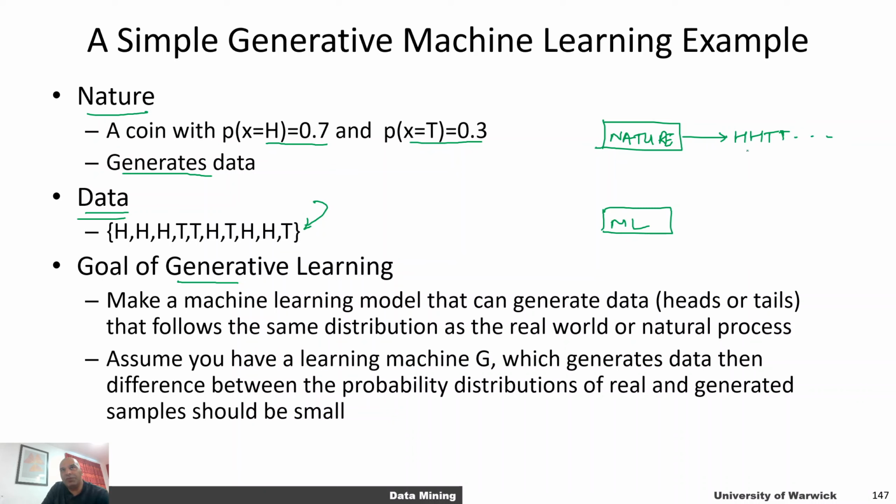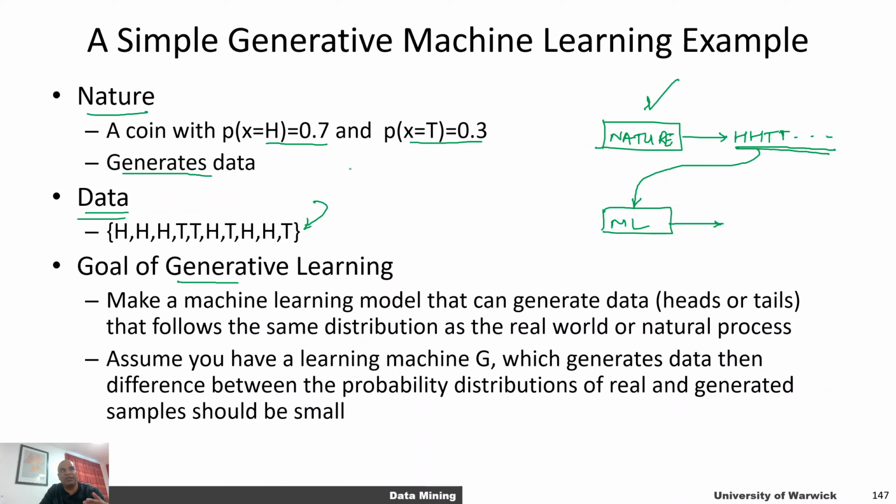And what we want to use is this data that has been generated to train a machine learning model that we call a generative machine learning model, so that it can also generate examples in much the same way. And those examples should have the same probability distribution as the original data that had been given to you. Or actually we want to imitate the natural process that goes on in this.